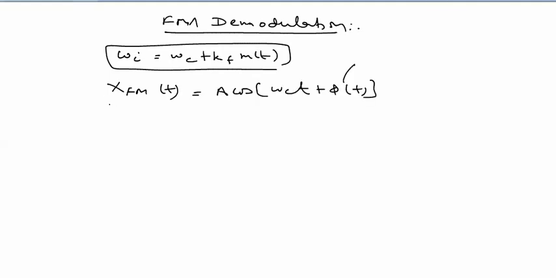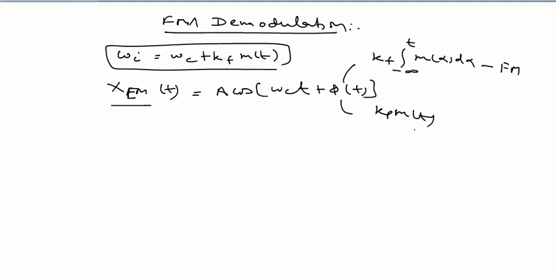If the complete waveform is written in this way, and it is an angle modulated waveform, then phi t decides whether it is FM or PM. If it is FM, then the correction amount is the integral of m(alpha) d alpha. If it is PM, it is KP m(t).